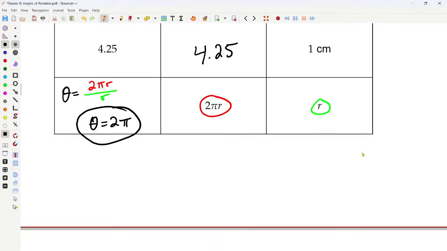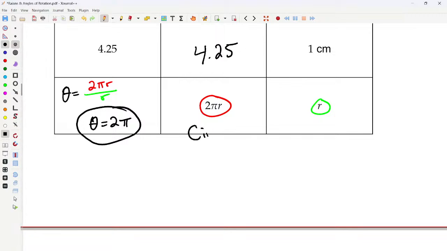So arc length is the part of a circle that's, I don't want to use perimeter, but I'm thinking it's circumference.